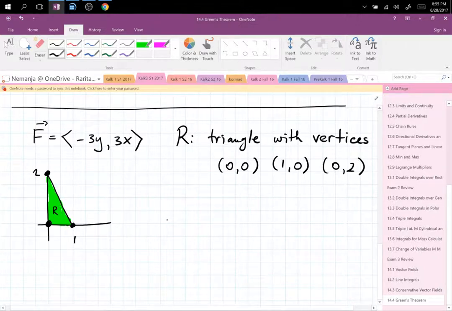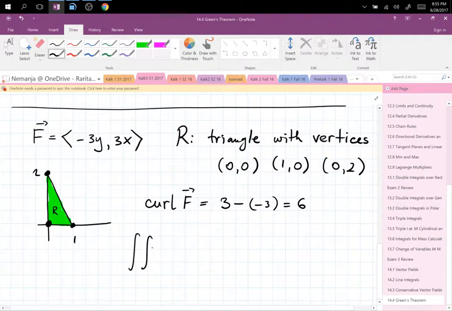So computing the curl of f, the curl of f is going to be partial g partial x. Partial g partial x is 3, and then minus, we have negative 3, it's 6. So double integral over the region R of 6, and now we are just going to use dy, dx. So dx is the domain, which means it goes from 0 to 1.